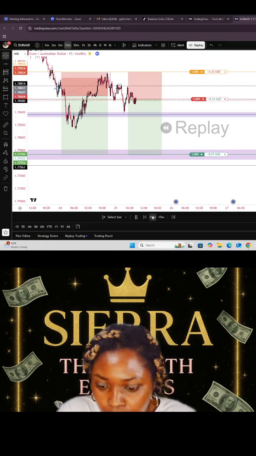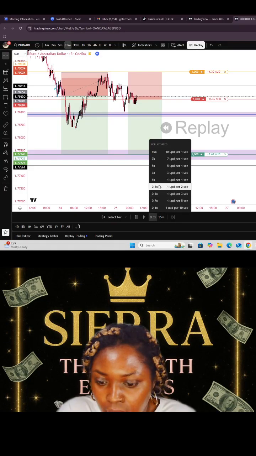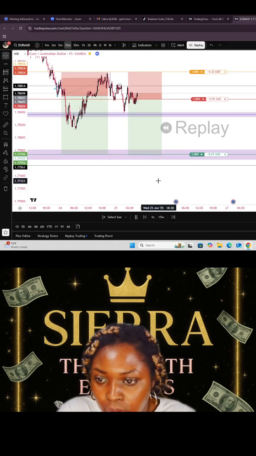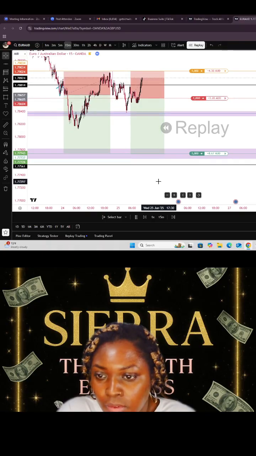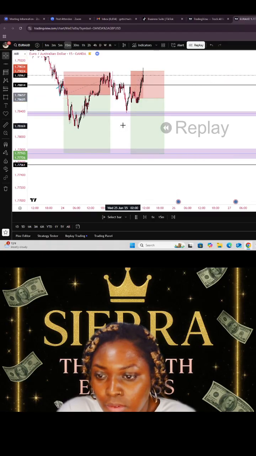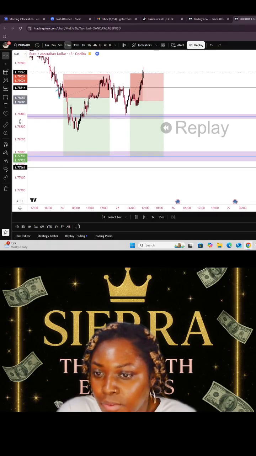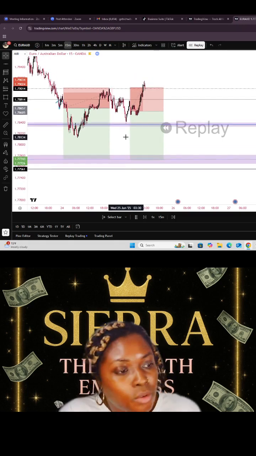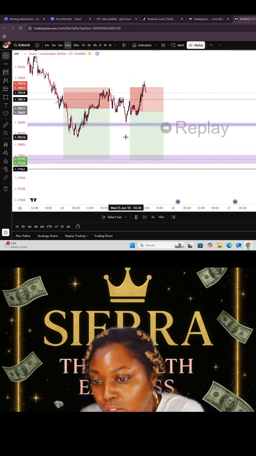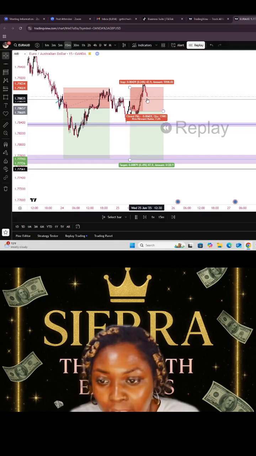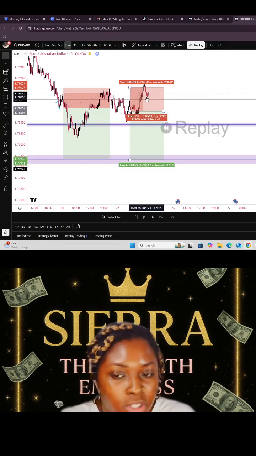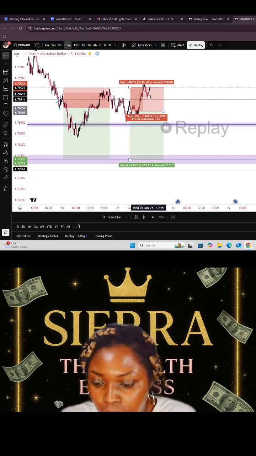I'm going to speed it up a little bit. All right, so this week we would have lost. This would have been a losing week. We had two losses. We're not going to try to push this zone again because it's Wednesday.